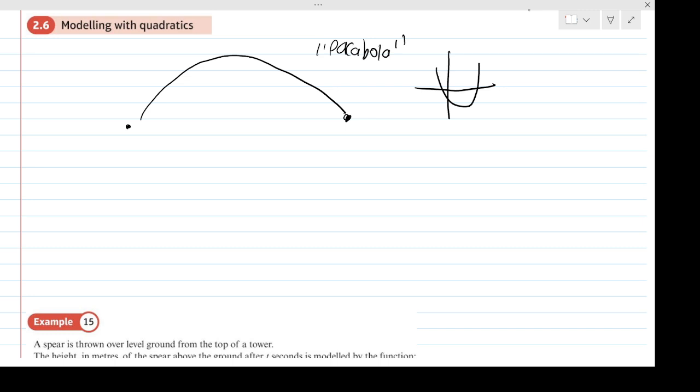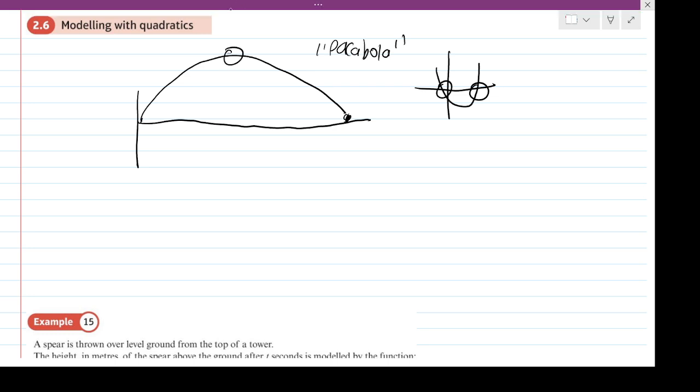That allows us to tell when the ball would reach the ground next by considering when it crosses the x-axis. So if this was the x-axis, for example, the roots will tell us when the ball hits the ground. And we can also find where the maximum would be, because remember, this would be a turning point, and that would be by completing the square.